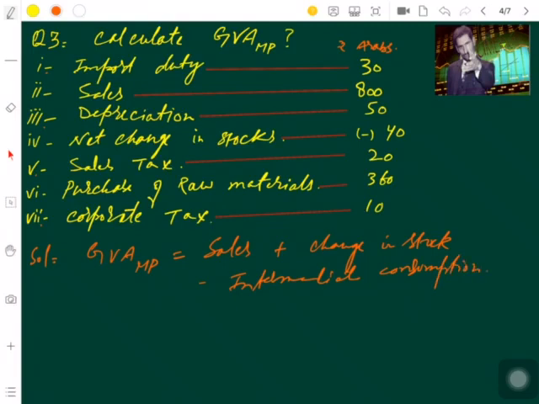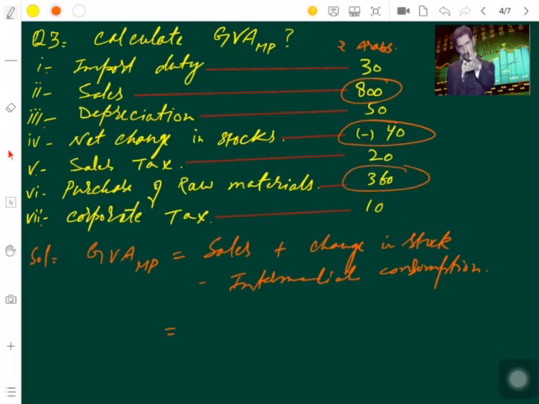Sales are given, net change in stock is given, and intermediate consumption is purchase of raw materials, it is given. It is one and the same thing.